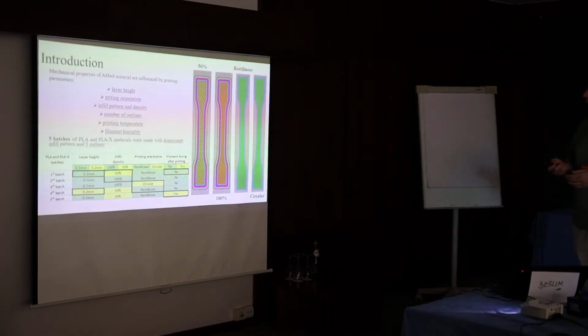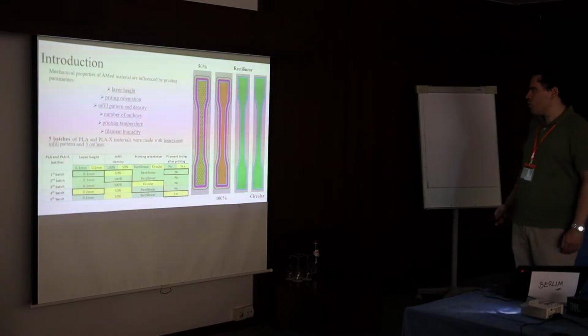We had 5 different batches, with variation in layer height, infill density, printing orientation, and filament drying. Only 2 values were used for each parameter, for layer height 0.1 and 0.2, for infill density 50 and 100, just not to use too many specimens, and different orientations, circular and rectilinear. Just one batch was previously dried, so the first and 5th batches differ just in filament drying.